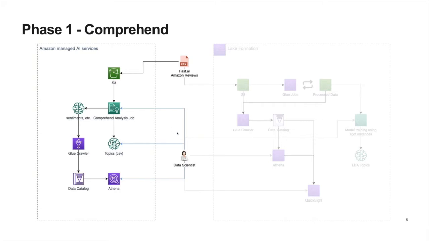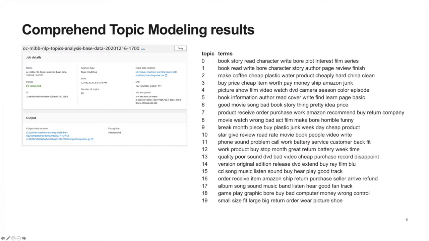Stepping back a little bit, I do want to focus on the Comprehend topic modeling output in this overview. Since it was a quick analysis testing out the AWS AI services capabilities, I decided to use a smaller subset consisting of 100,000 negative reviews and see what Comprehend would come back with.